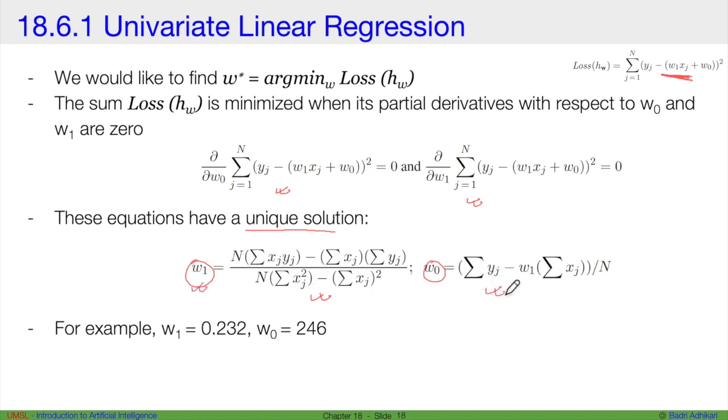Similarly, to get W0, you multiply W1 with the sum of all your inputs, subtract it from the sum of your outputs, and divide by n, and you get W0. And you will get unique values like 0.323, 0.426. That gives you, for your original straight line equation, the slope and the y-intercept.